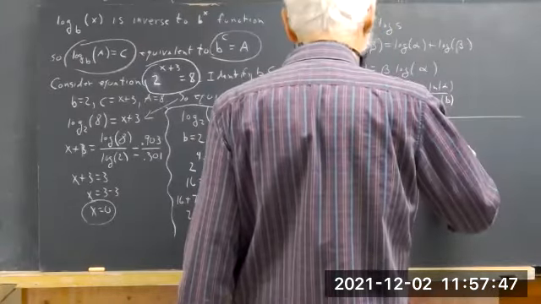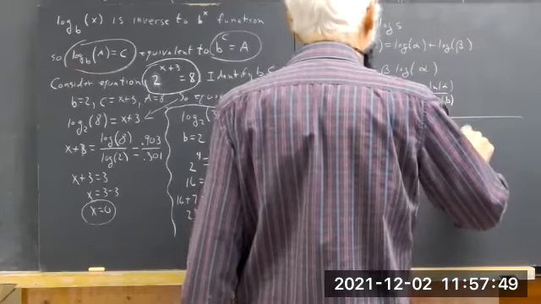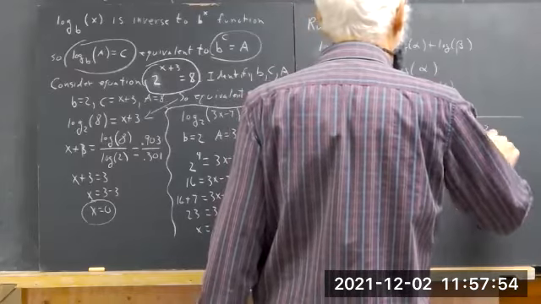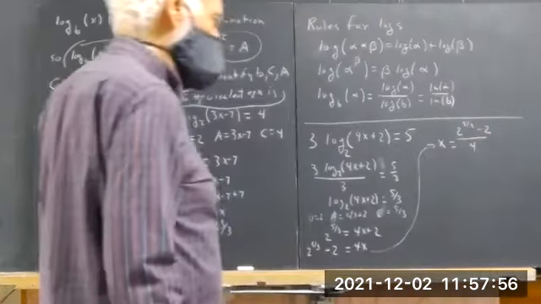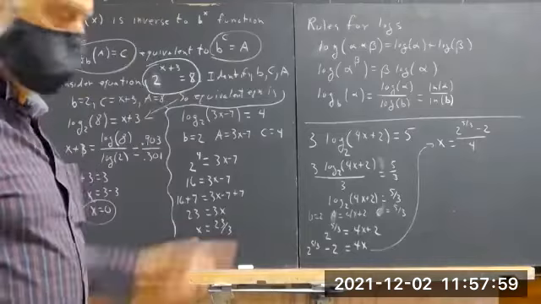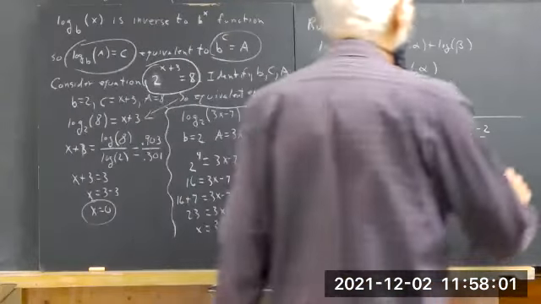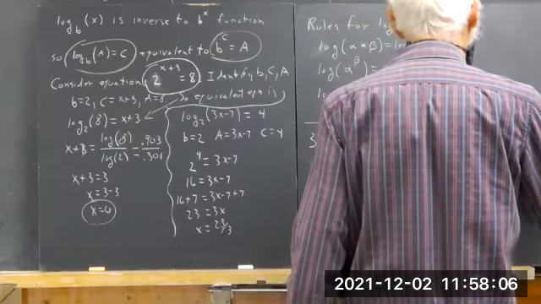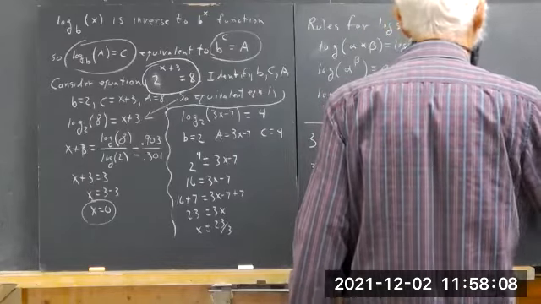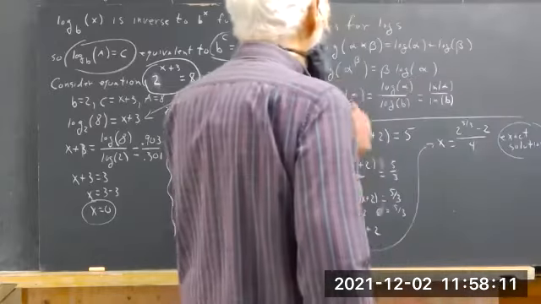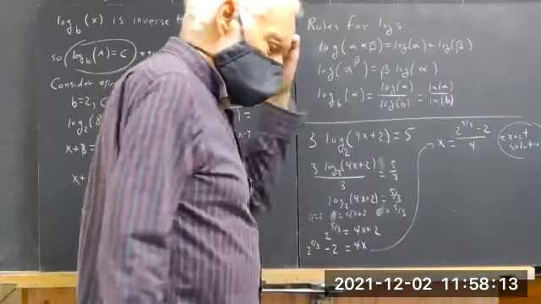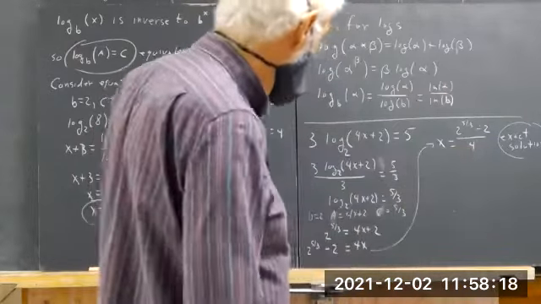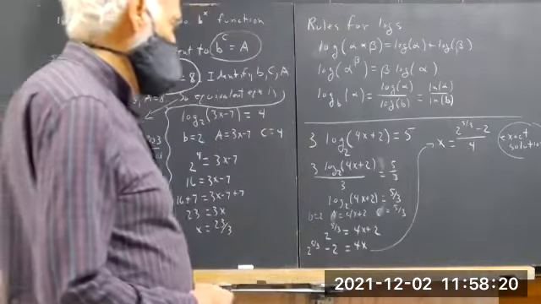And then we get x equals 2 to the 5/3 minus 2, all over 4. This is your exact solution. Now you could express that a little more elegantly, but I'm not going to worry about that because usually that's not going to happen.